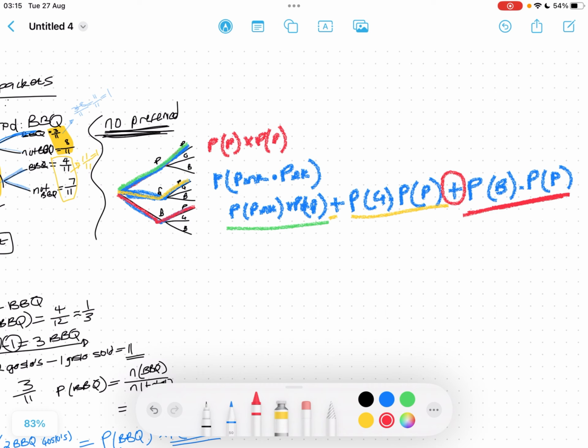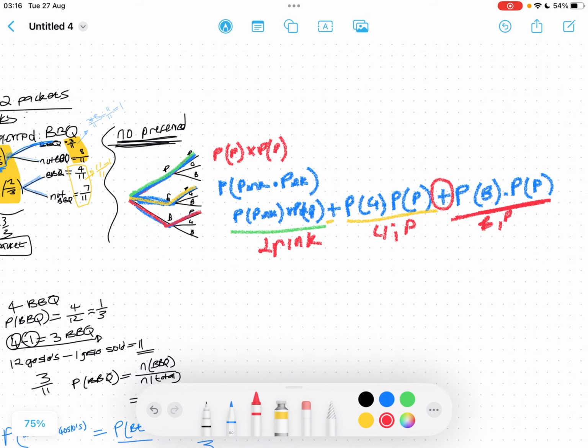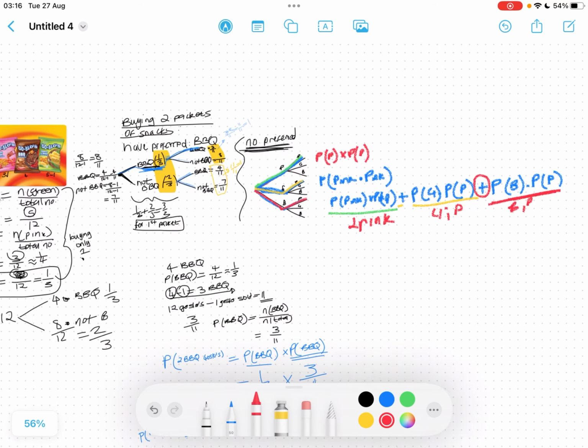One option is that I'm going to have 2 pink, or I could have green then pink, or I could have brown then pink. All of these is the probability of getting at least 1 pink. I hope you understand what I mean here, and this explanation helps you lay out the foundation you need with probability.